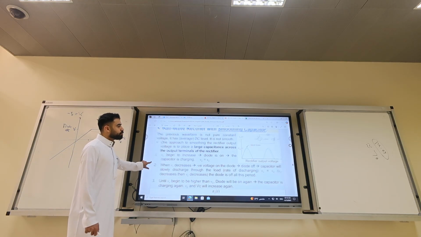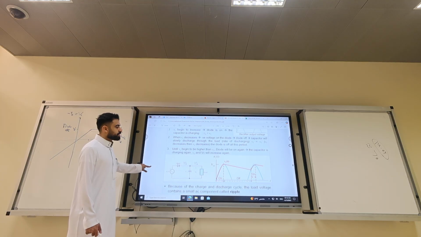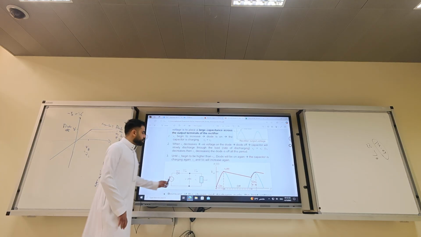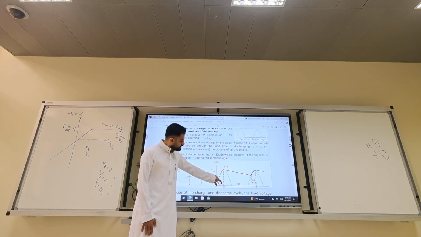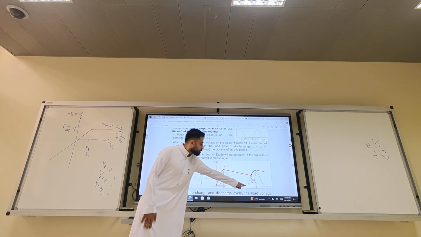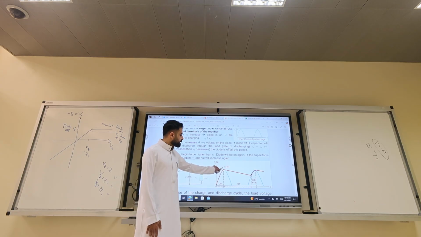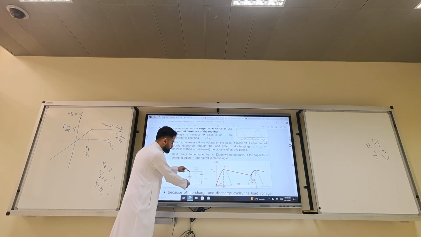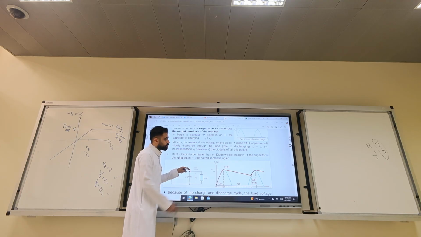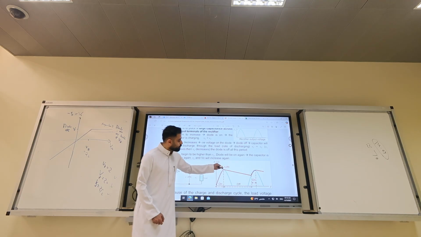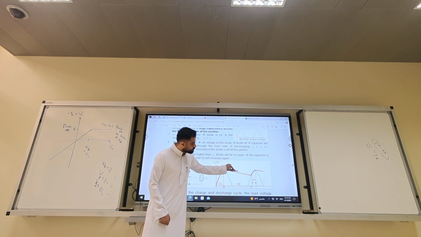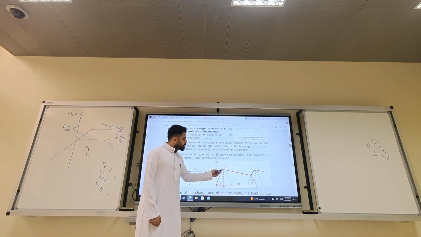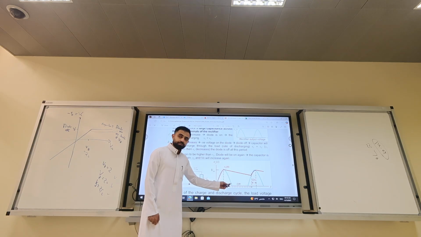Then we added the smoothing capacitor. What does the smoothing capacitor do? At the positive cycle, only the first one, 25% of the whole cycle, it will charge. The moment it drops below the voltage, the capacitor is fully charged. If it drops below the fully charged capacitor voltage, it will discharge, but the diode will be off.